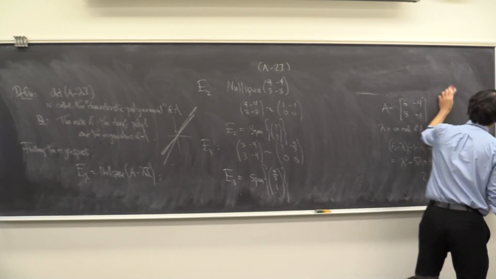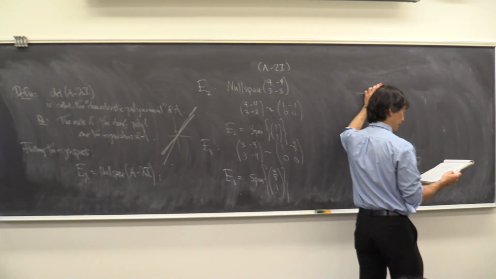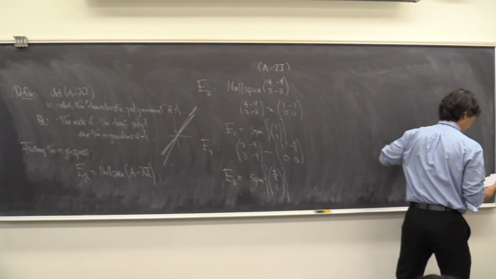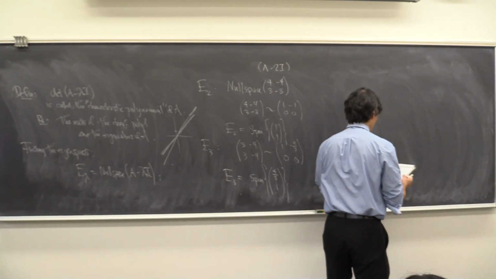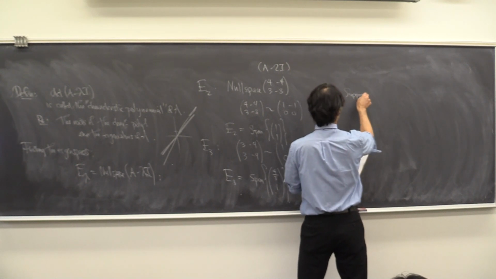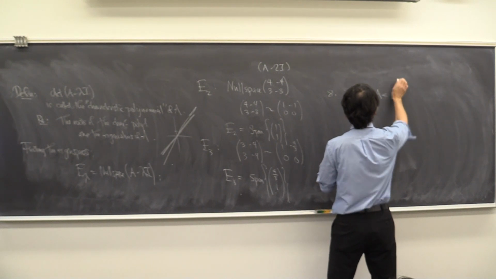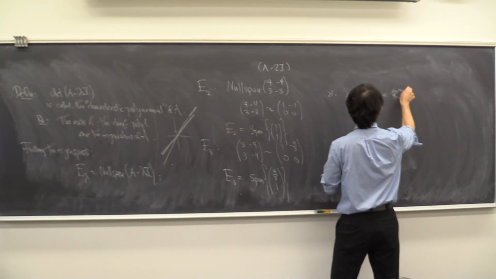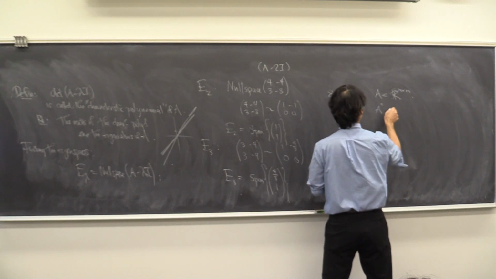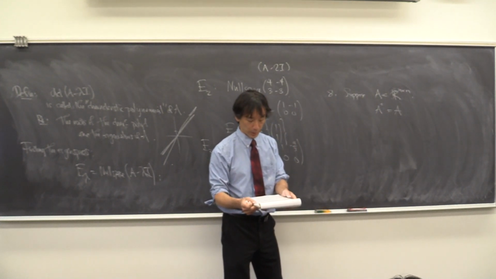Let me put up some exercises for you to try. Okay, so here's some exercises. One, suppose A is a square matrix and A squared is the same thing as A. So when you square it, it just gets back to itself.